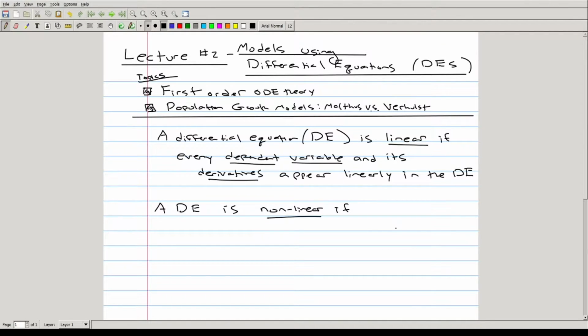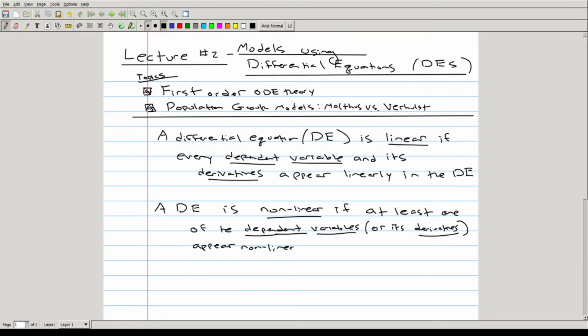So if at least one dependent variable or its derivatives appear nonlinearly in the differential equation.